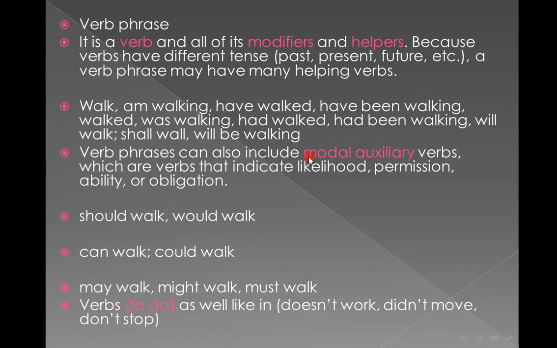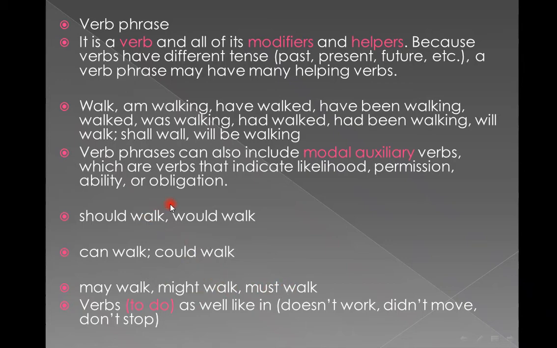Sometimes we have the modal auxiliaries or the modal auxiliary verbs. These are also considered within the verb phrase, and we know that some of them indicate likelihood, permission, ability, or obligation. Should walk, would walk, can walk, could walk, may walk, might walk, and must walk.